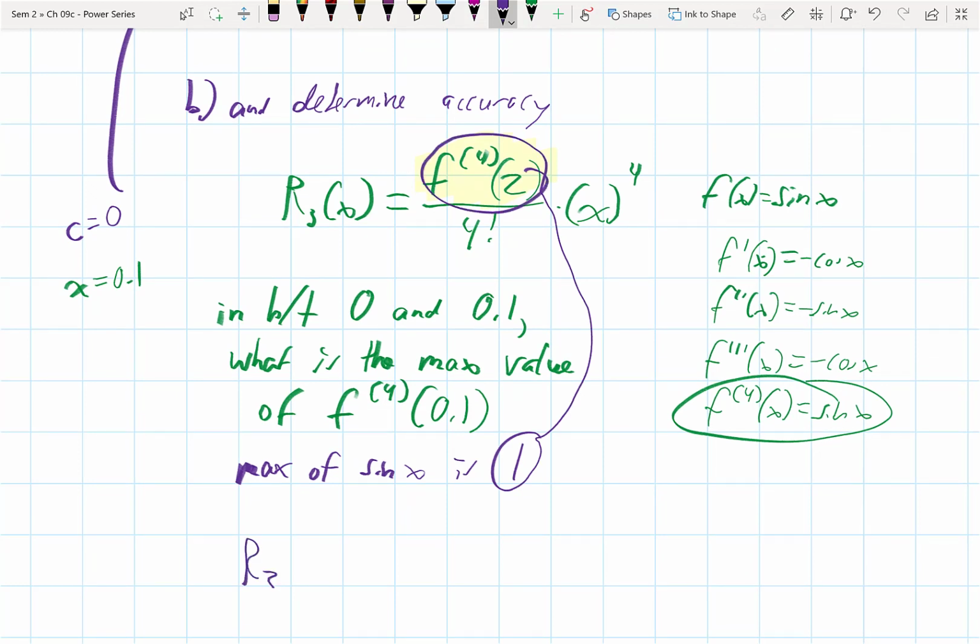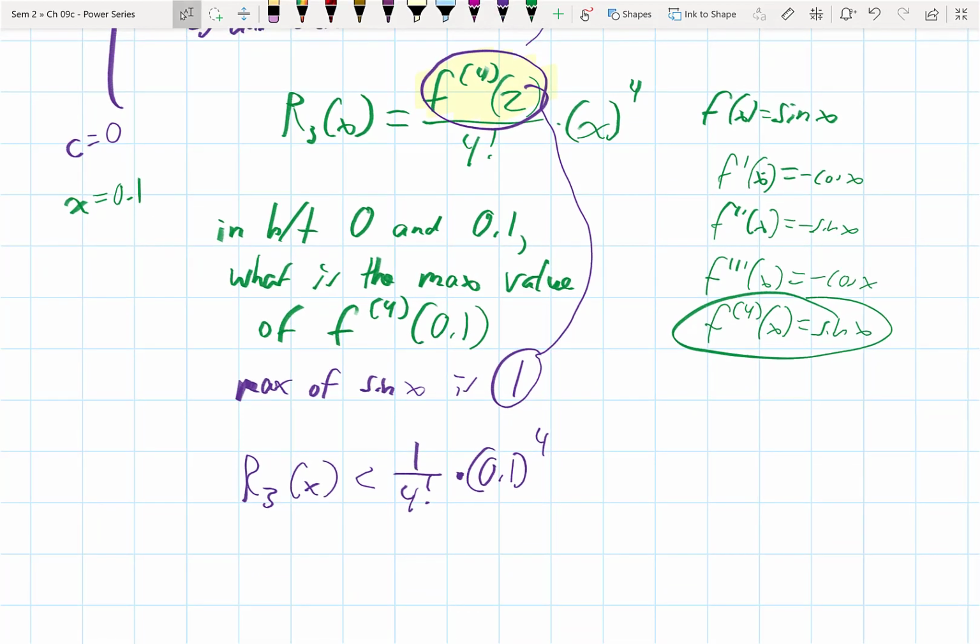And I'm going to say that the remainder has to be less than 1 over 4 factorial times x to the 4th, which is 0.1 to the 4th power.